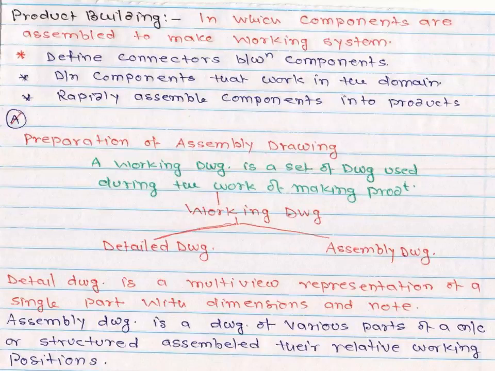This is a very useful activity for the designer teams. Once they design each and every part needed for the various components, we have already decided which components we are going to produce on our shop floors and which components we directly procure from our vendors. So this set of drawings is used during the work of making products.